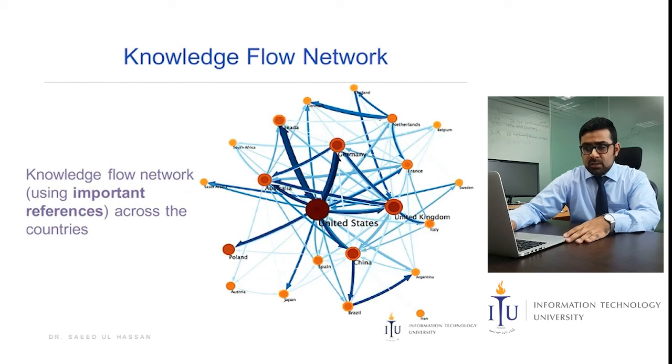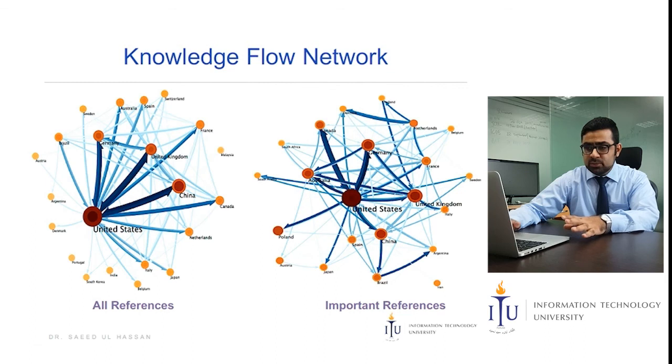A similar graph was generated using only important references. For that very case, the position of China actually changes, and we see that United Kingdom now seems to be overtaken by China in this data set at least, and also Germany and Australia appear to be more influential in this network, and the US overall is very influential when it comes to the important references.